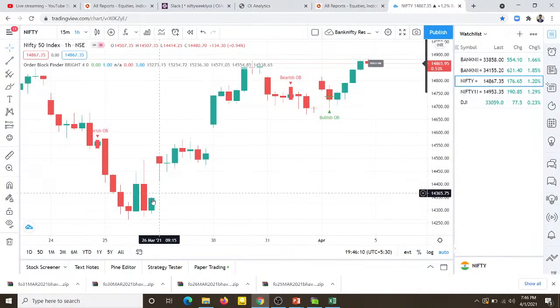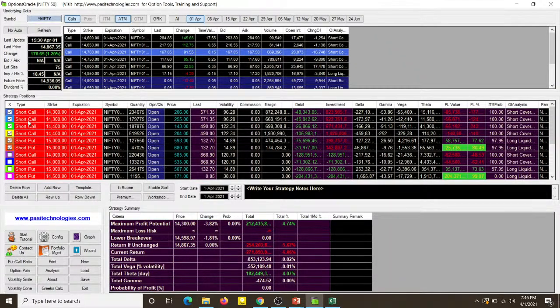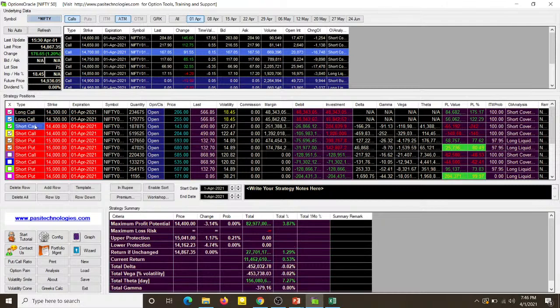From 14,300, as the market opened 14,500, we'll change this to long. Which ones? The calls, correct? That's what we are going to do, because this is a contra open, right? So you need to adjust only on contra opens, not on any other opens, correct? And for the nearest positions.